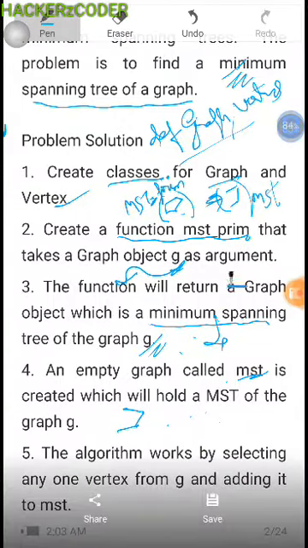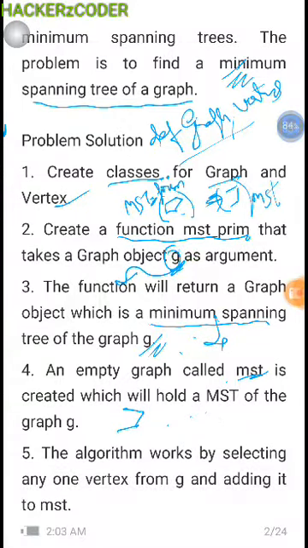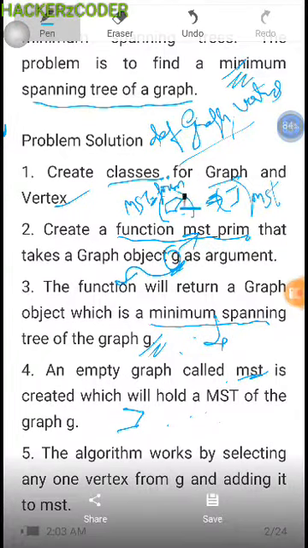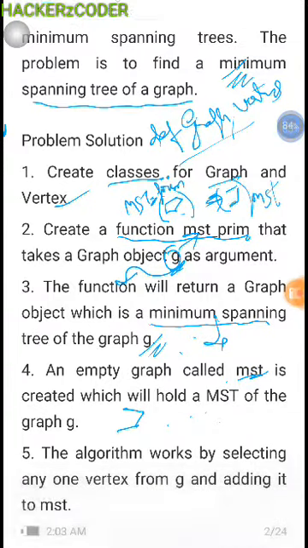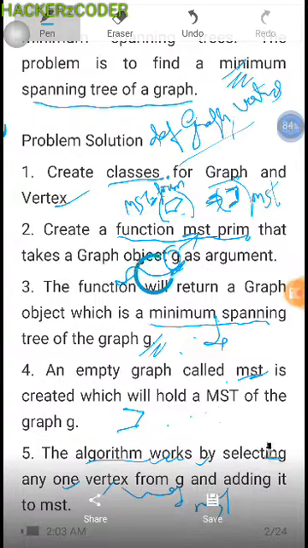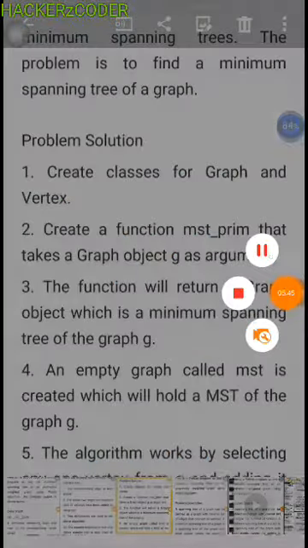Over here is the full graph in mst_prim. Step by step, one vertex, one vertex, one vertex keeps building on. So the algorithm works by selecting one vertex from G and adding it to MST.